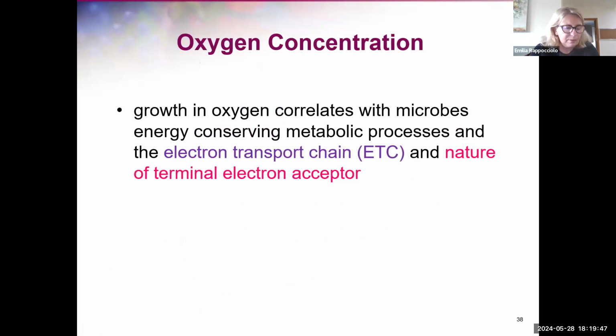Okay. Besides the temperature, the salt, the pH, oxygen is also an important factor. Now, oxygen is a very dangerous molecule, and it is not easy to survive in an environment with oxygen.